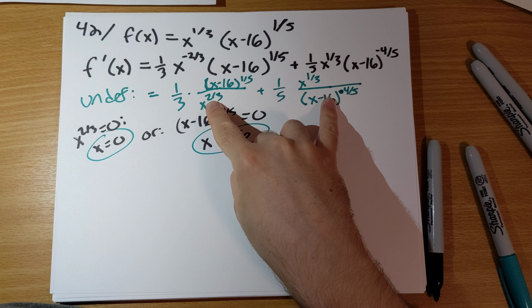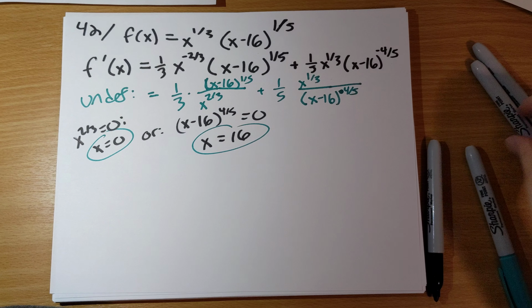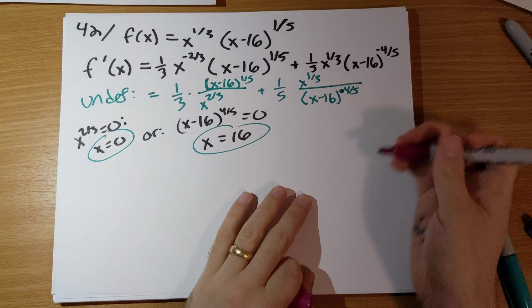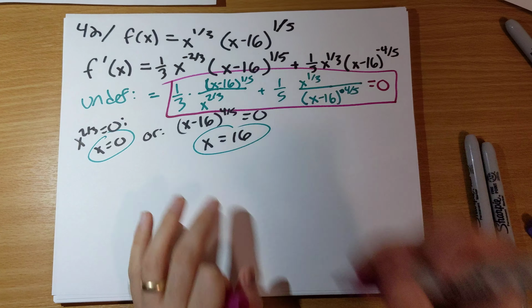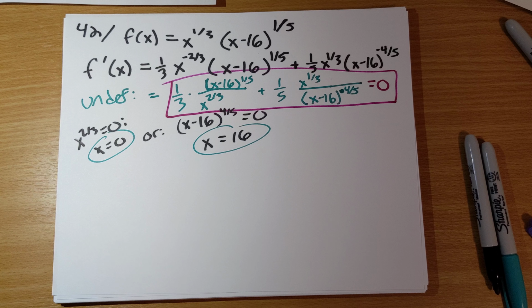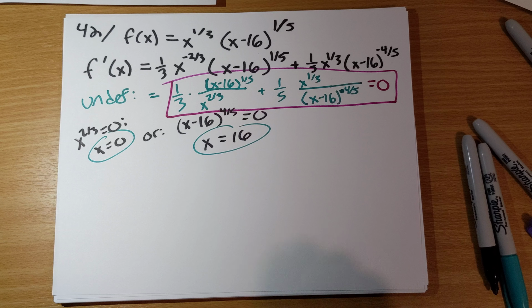Now we have to think about when the derivative is equal to 0. So now I'm thinking about solving this equation. Okay, how do I go about solving this equation? I want to clear out denominators.